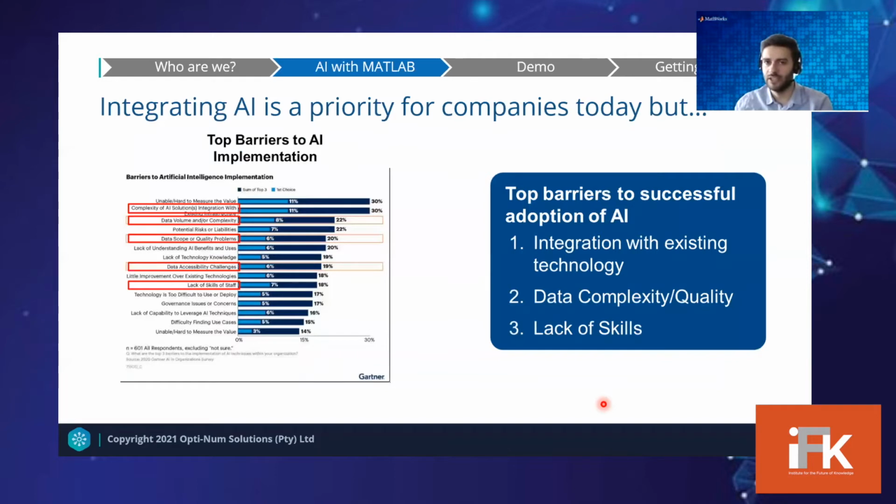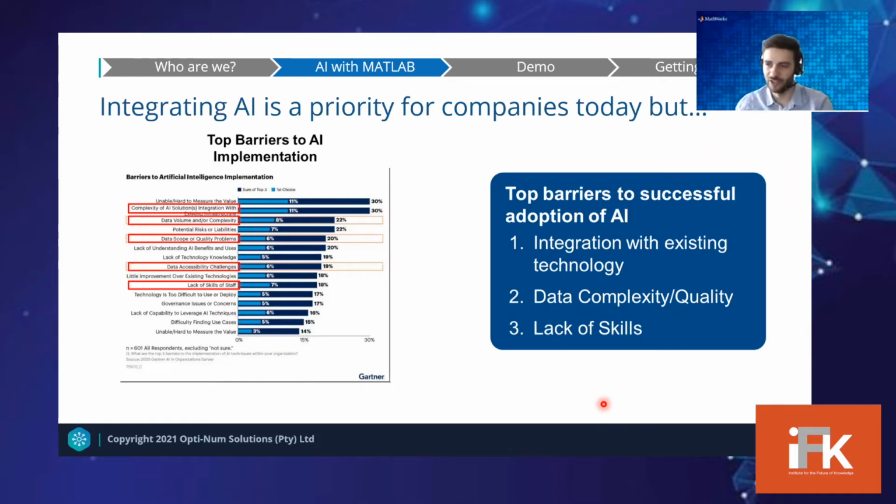Integrating artificial intelligence is a priority for many companies, but also for many research departments. But behind the hype and a few popular applications, for the majority it turns out that this can be quite hard to do.